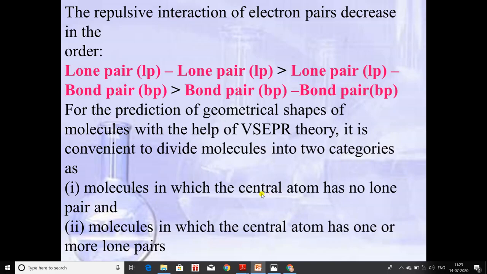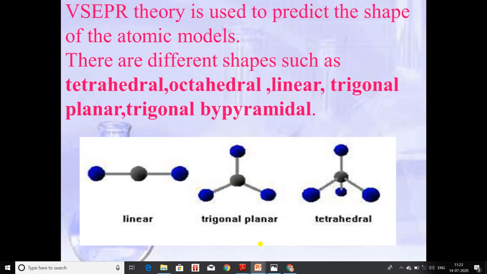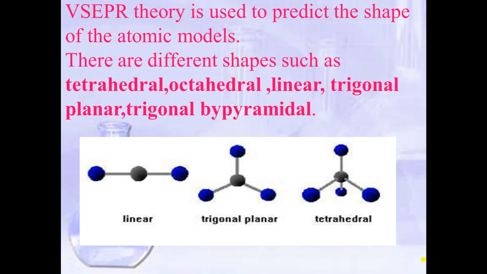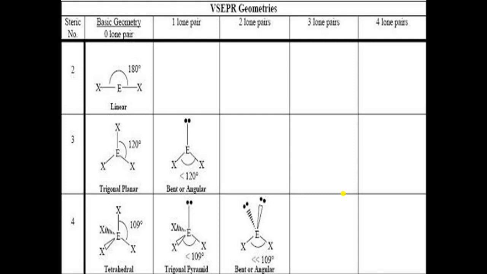VSEPR theory is used to predict the shape of the molecules. There can be different shapes, for example linear, trigonal planar, tetrahedral, octahedral, trigonal bipyramidal. Now we will discuss these shapes and geometries one by one.